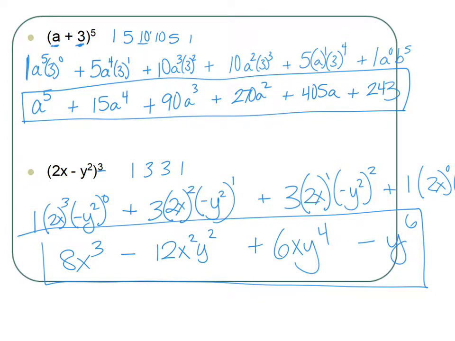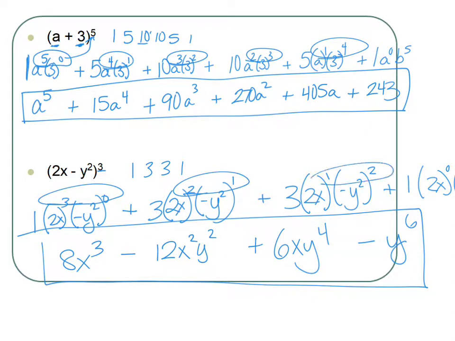The other thing that I want you to always notice here, another pattern, is that these powers right here will always add up to whatever that power is. So you can see it's a 5 and a 0, a 4 and a 1, 3, 2, 2, 3. These always add up to that power. Same thing here. Now it starts to change because now when you get down to this last step, it all depends on what's inside there.